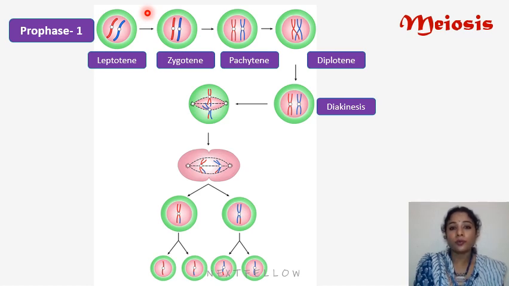During leptotene, the chromosomes, as in mitosis, appear slender and thread-like. Although each chromosome consists of 2 chromatids joined at the centromere, the chromatids are not visible at this stage. So that is about leptotene. Second, zygotene.